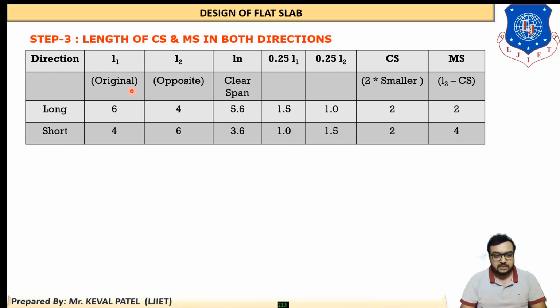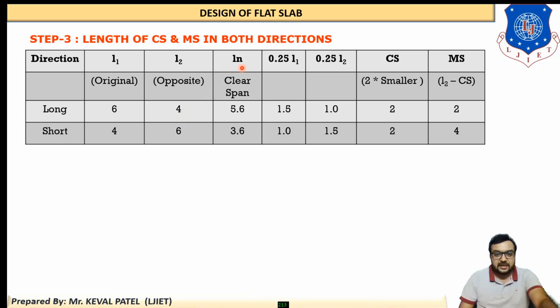Similarly, whenever we are working on the shorter direction, the value of L1 is 3 meter and L2 is 6 meter. So for our long dimension, the value of L1 is 6 meter, and L2, the opposite dimension, is 4 meter.